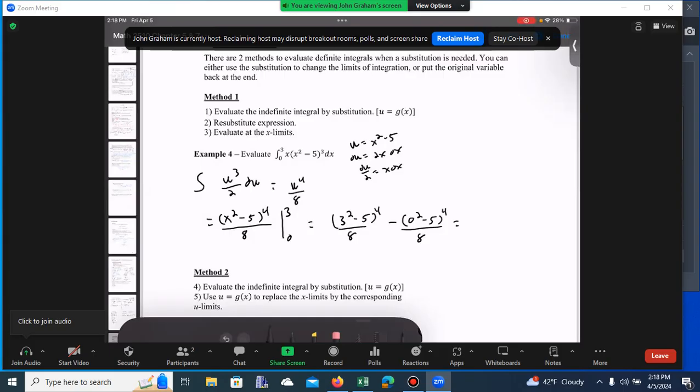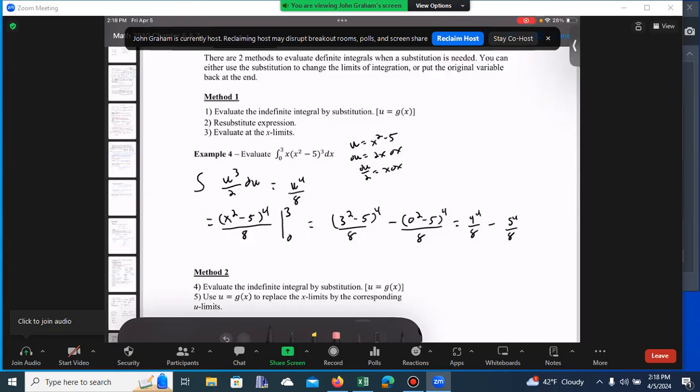So that's 9 minus 5, which is 4. So 4 to the fourth power over 8 minus, that'd be a negative 5 to the fourth power, which is going to be just 5 to the fourth power over 8.